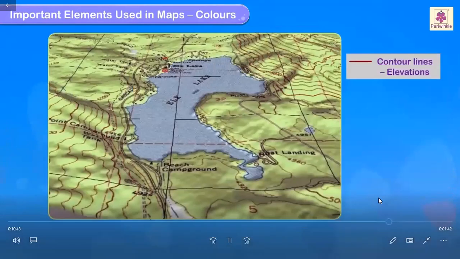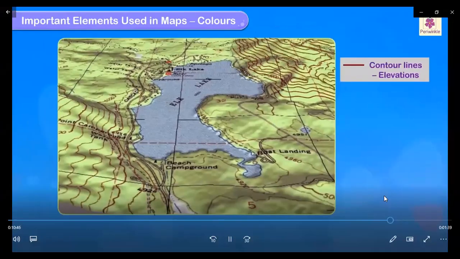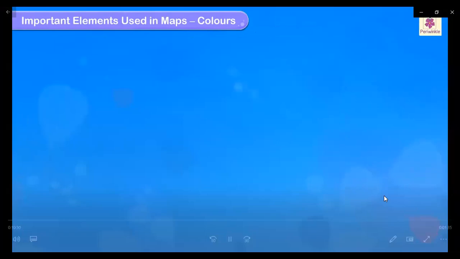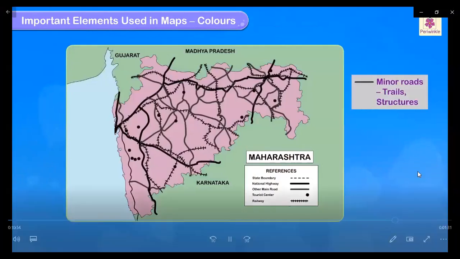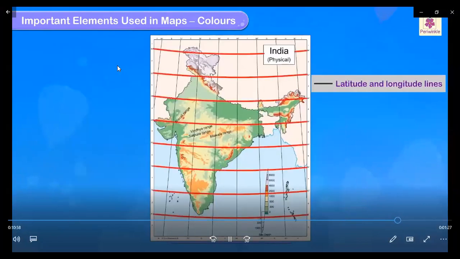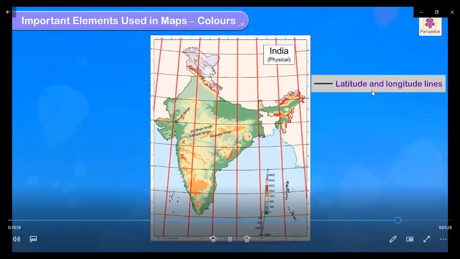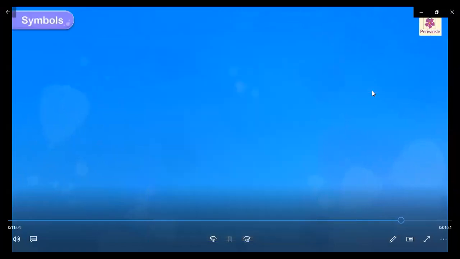Brown, contour lines and elevations. Black, minor roads, trails, structures, latitude and longitude lines, etc. Symbols.